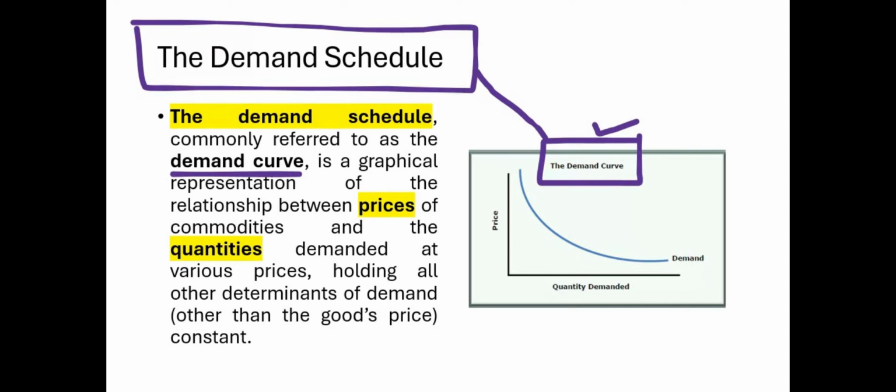It is a graphical representation of the relationship between the price of commodities and the quantities demanded. Again, the price, which is here in the y-axis, and the quantities demanded, which is here in the x-axis, holding all other determinants of demand other than the goods price constant.